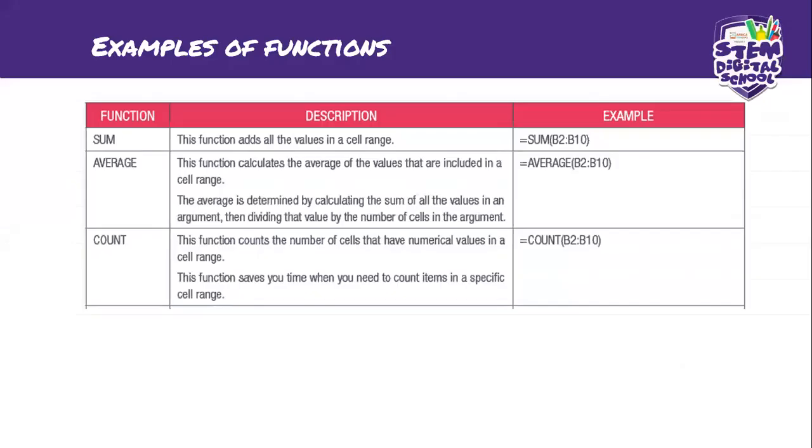For average, using the function is very easy, just like sum. But with sum, always know that when you want to add all values in a cell range, or calculate the total, maybe in a column, you want to add all the values, every time you must use sum. Okay, then we are done now with average. Let's move to count.